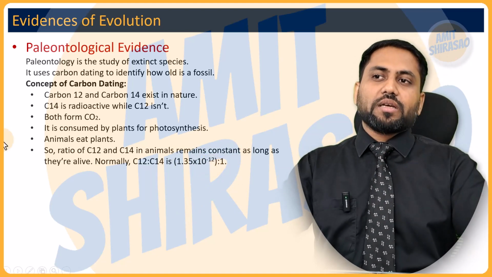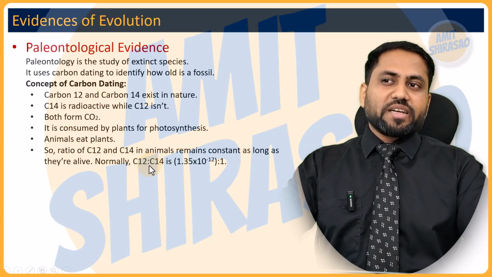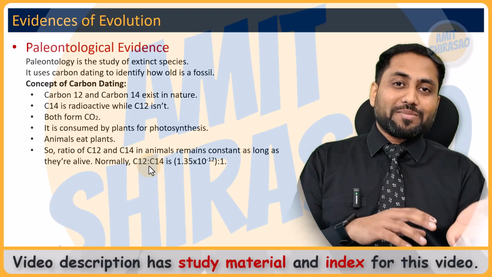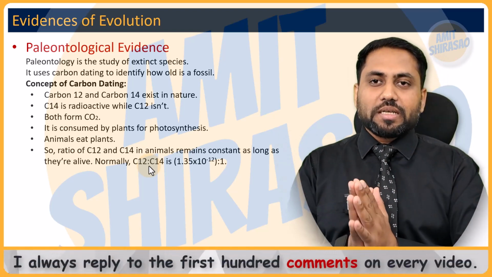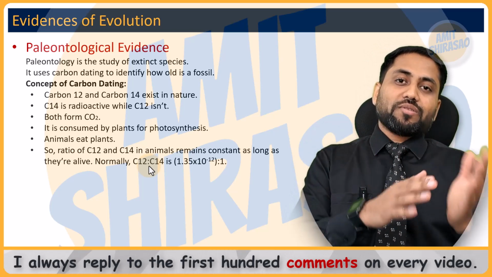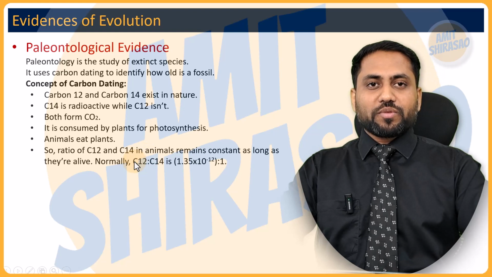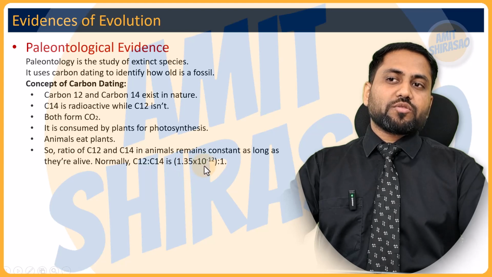That's the reason why they give C14 is to C12. Here in the entire slide, I have said C12 is to C14 because I thought 12 comes first, 14 comes later. But normally, in any material, they'll say C14 is to C12 ratio. So when you say C14 is to C12 ratio, just revert this. You will say 1 is to 1.35 into 10 raised to power minus 12.